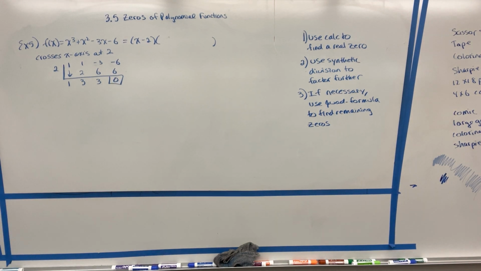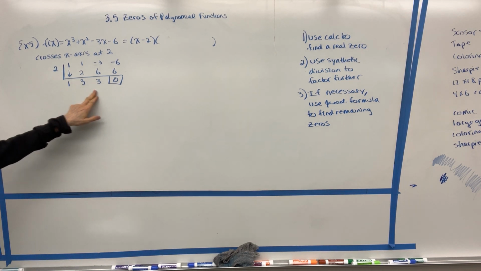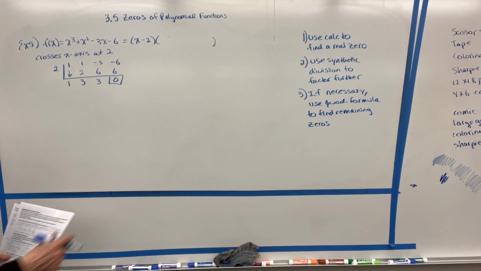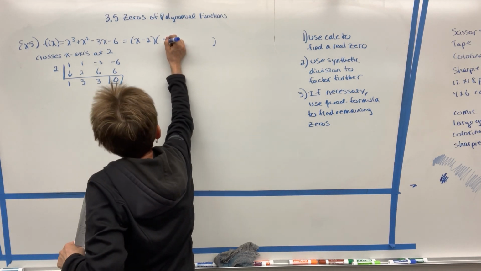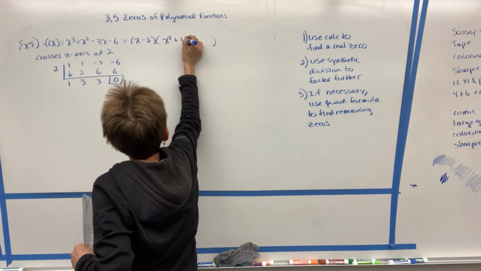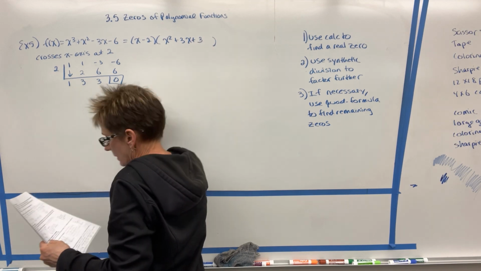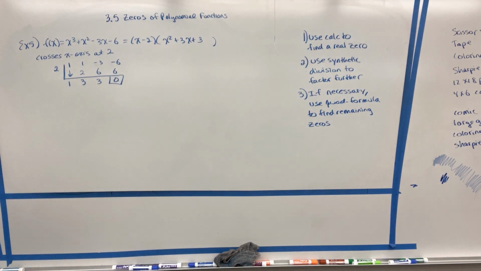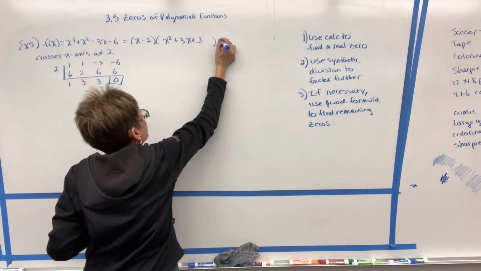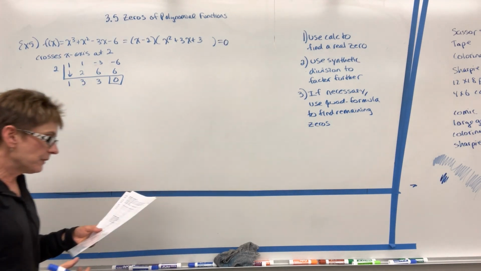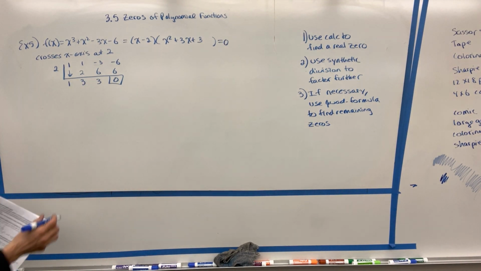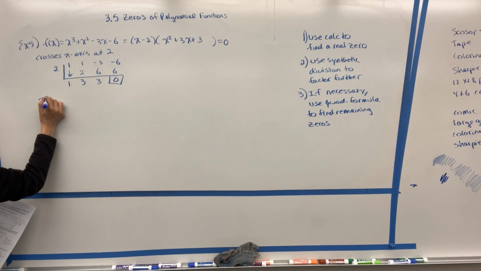I already knew that x minus 2 was a factor and that 2 was a zero, but now this tells me another factor. This tells me that I have x squared plus 3x plus 3. Now, this second trinomial cannot be factored any further, but we can use the quadratic formula if I set this equal to 0 to find my remaining zeros. We already know that 2 is one of the zeros.